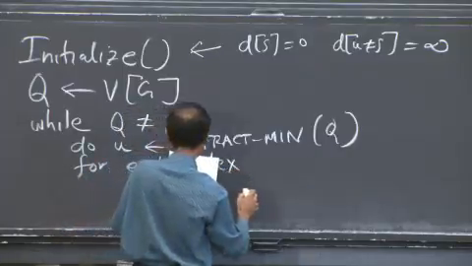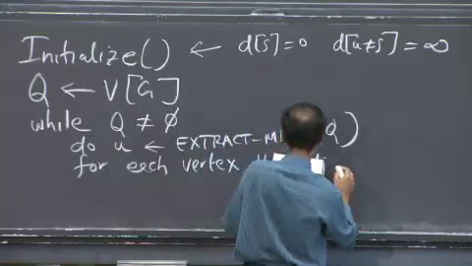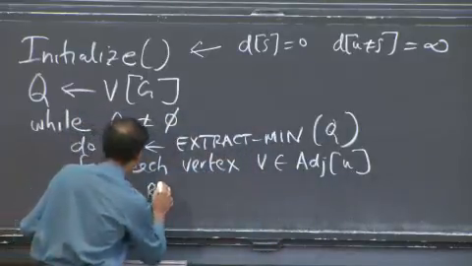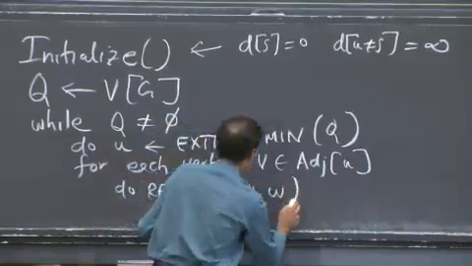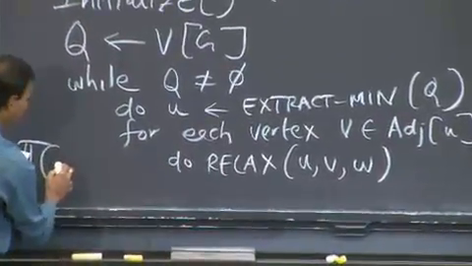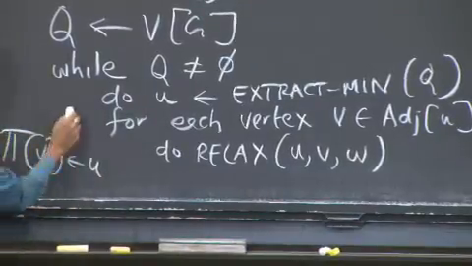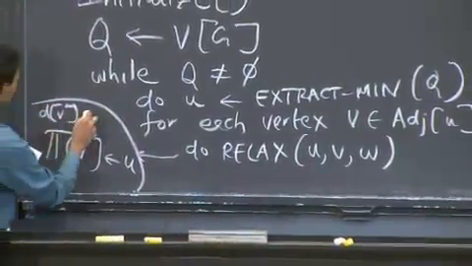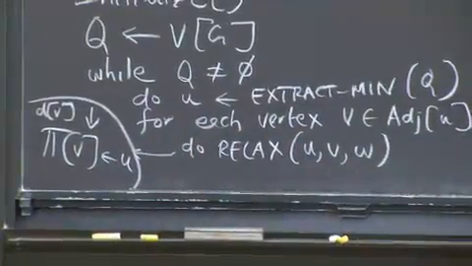That's what the Dijkstra invariant is. And the process of extracting u implies that we have to do a relaxation step that updates the priorities and also modifies the parent pointers. So there's also the pi of v that is set to u, as well as d of v getting decremented. Okay? So that's the Dijkstra algorithm.